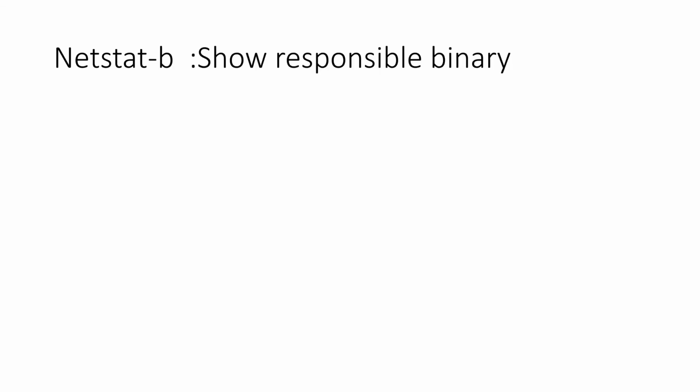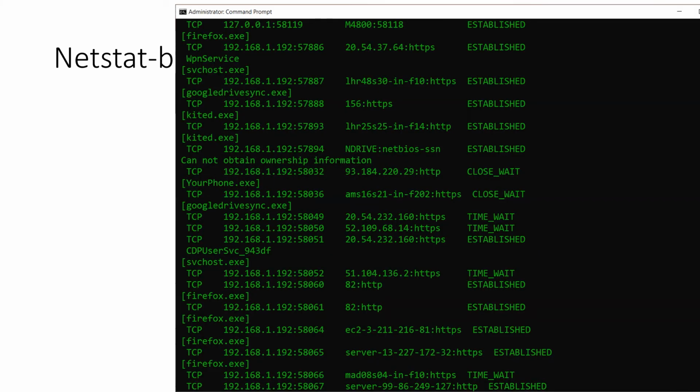This is the groovy one, netstat -b for binary. And that says, show me the details as before, but show me what binary is causing this to happen. So there's Google Drive.exe. So that must be a Google machine. There's Firefox talking back to itself.